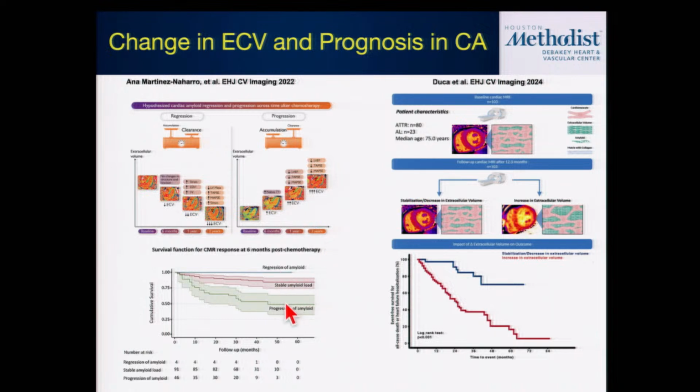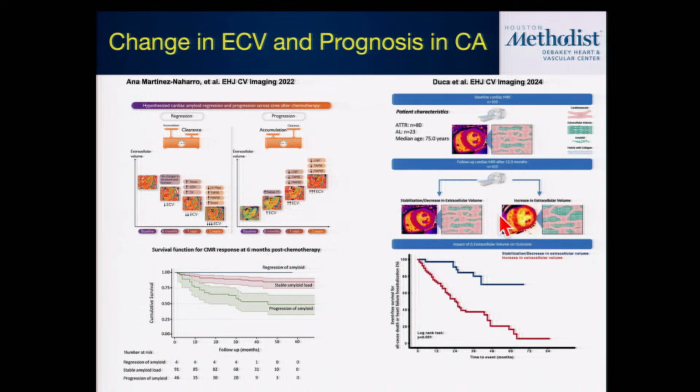This is proof of concept more than anything else, but it suggests that serial changes with treatment may be predictive of long-term outcome, as is shown in the group with AL amyloidosis at a 6-month time point on the left-hand side.